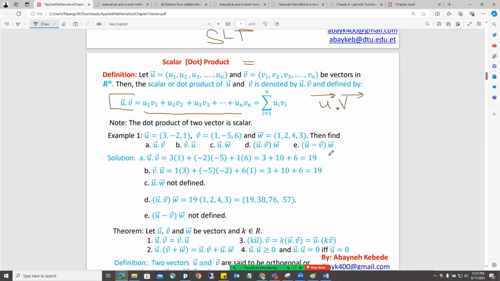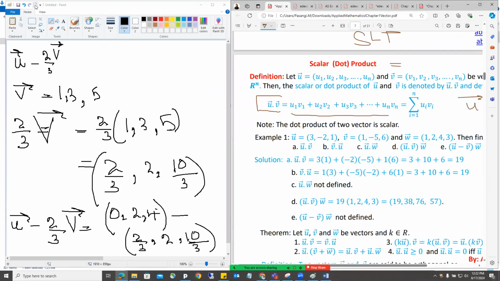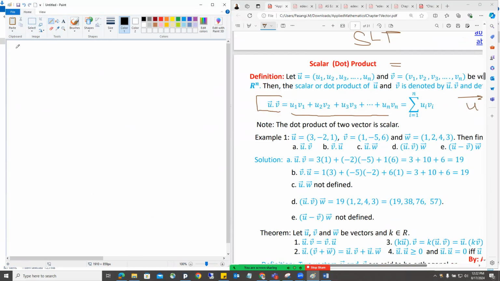What is u dot v? For example, I'll do example 1 and show you. The vector u is 3, minus 2, 1.